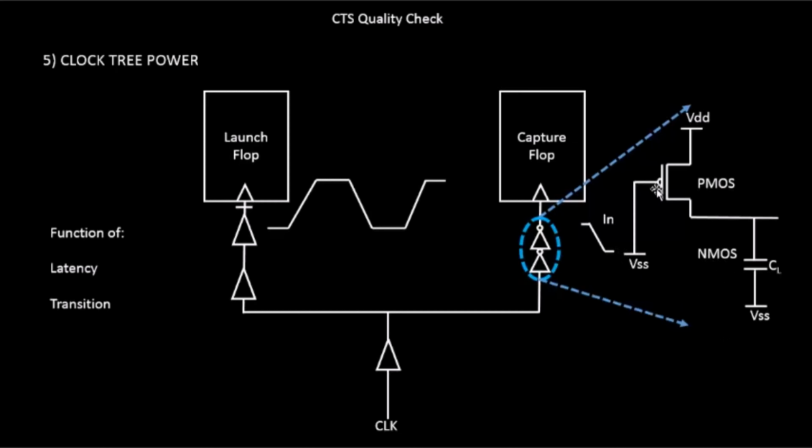So what happens when you have a zero voltage at the gate of the PMOS? You have this capacitor that needs to be charged, and the capacitor gets this charge from the supply voltage. Your PMOS acts as a closed switch, and this particular capacitor gets its charging current from the VDD.